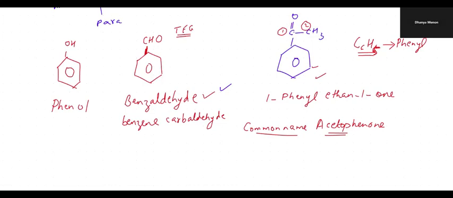And there is one more common name for this particular compound. This is methyl, this is phenyl ketone. So one more common name that you would come across is methyl phenyl ketone. So these are the two common names for this particular compound. In this, acetophenone is more commonly used. I hope I'm clear here. Okay. Coming to the next compound.